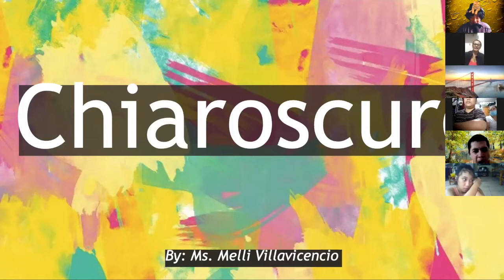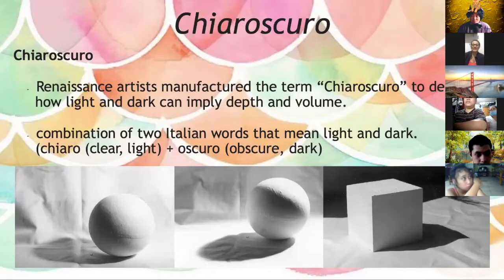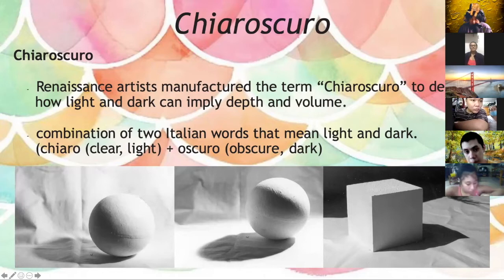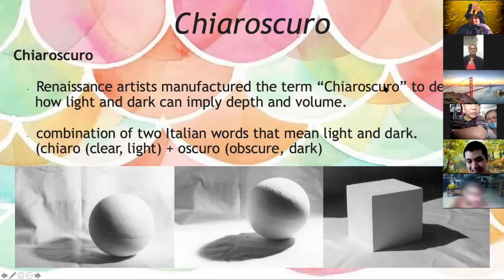So let's continue. So what is chiaroscuro? Renaissance artists manufactured the term chiaroscuro to describe how light and dark can imply depth and volume. Kasi napansin ko sa homework nating lahat na kailangan nating mag-improve sa shading.